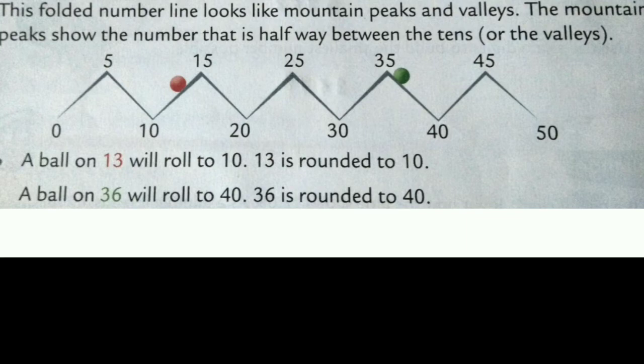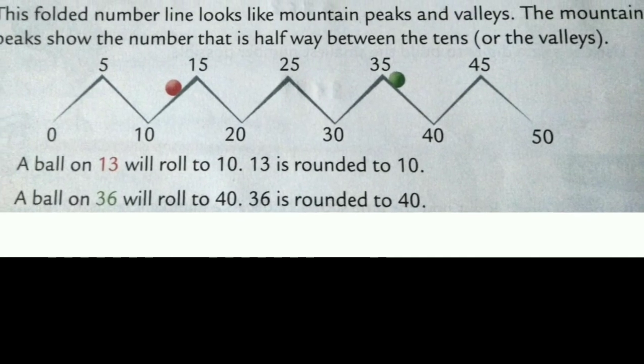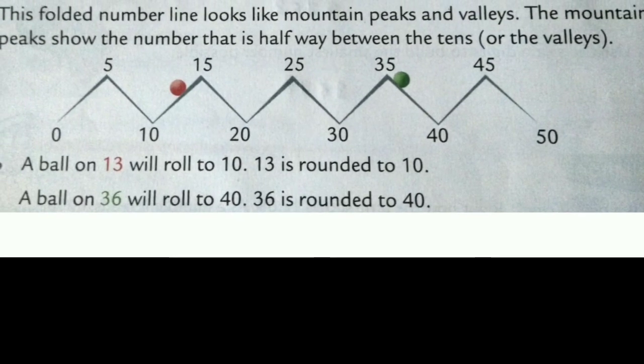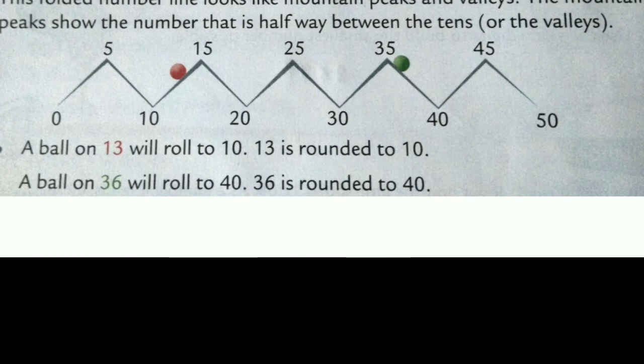These are the numbers and the mountain means halfway of these numbers. Clear? Like 0 and 10, the midway is 5. 10 and 20, the midway is 15. 20 and 30, the midway is 25. These are the midways of the given numbers.